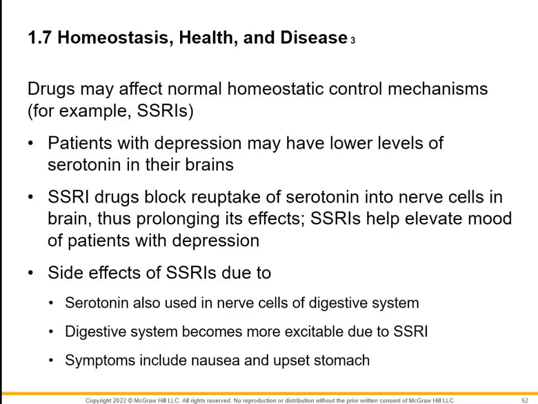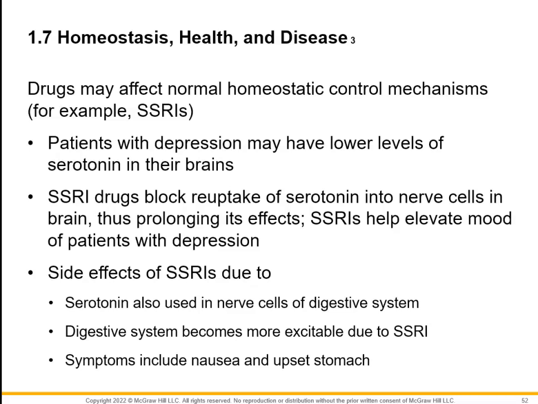Now, the way that these work is serotonin is released by nerve cells in the brain into the space between two cells. Now, when the serotonin is in that space, it can act on the other cells and, of course, have its action of helping to elevate mood.